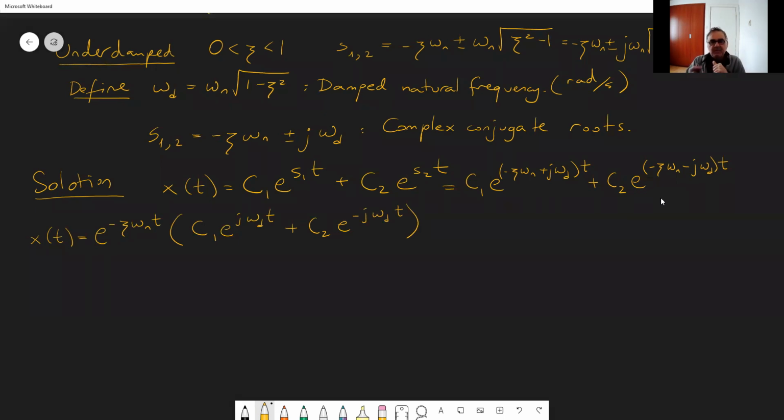Okay. Here, the famous Euler's identity comes into the picture. Let's write this down. Euler's identity.